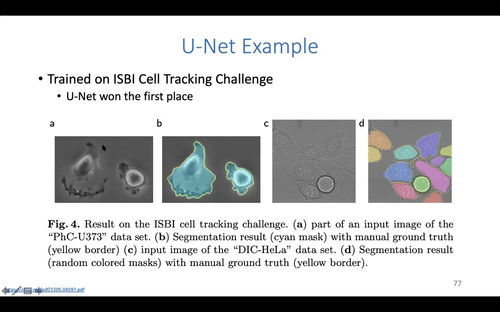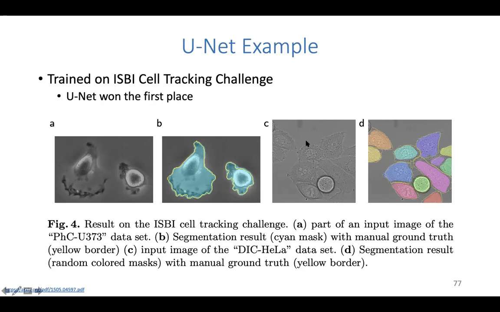And this is the example. Given a cell image, you want your U-Net model to segment different cells. The yellow line is the ground truth boundary, and the blue pixels are the pixels predicted by U-Net. And it is doing a pretty good job actually.